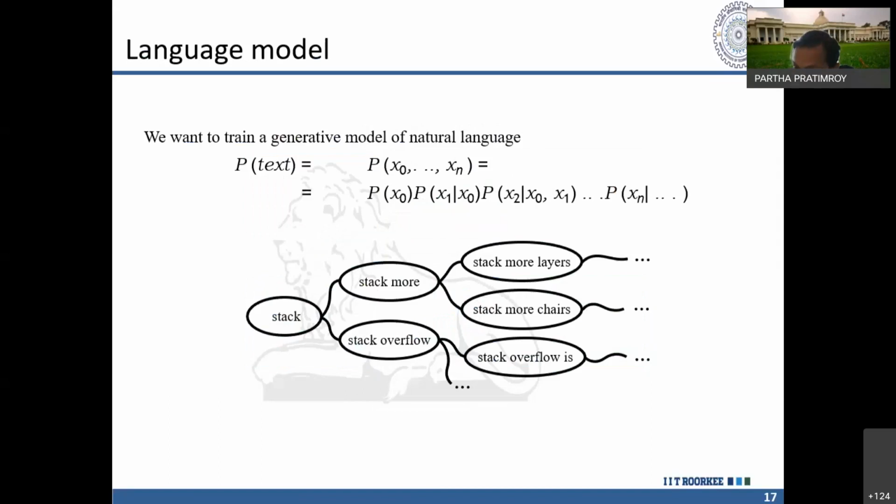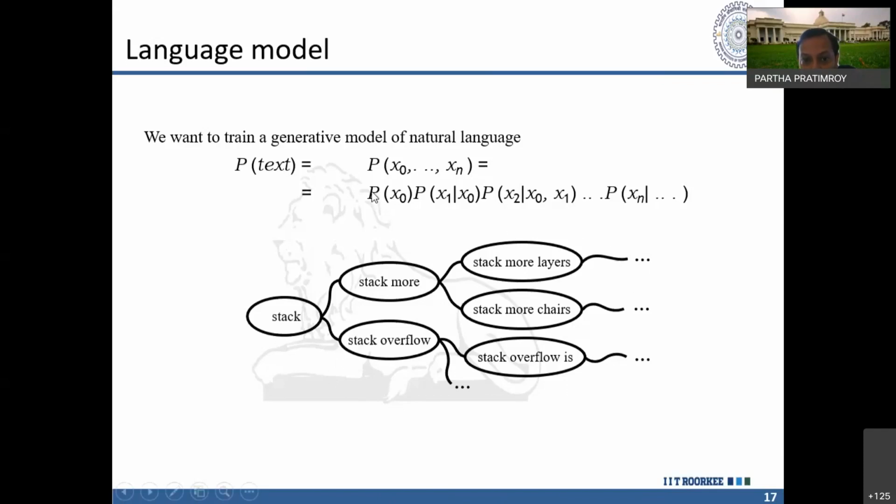For example, say we want to train a generative model of natural language, with a set of words like stack more, stack overflow, stack more layers, stack more things. If you want to generate a sentence with these words, it is actually a Bayesian model.